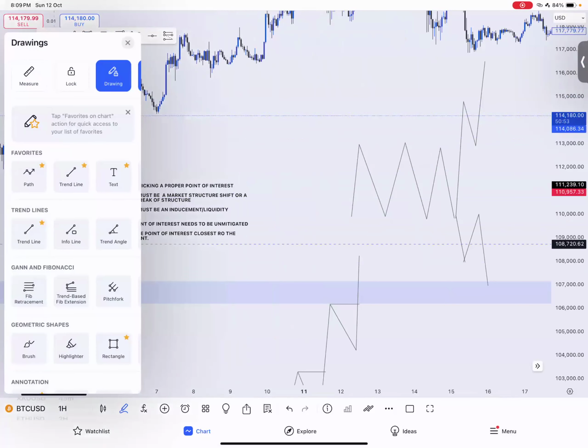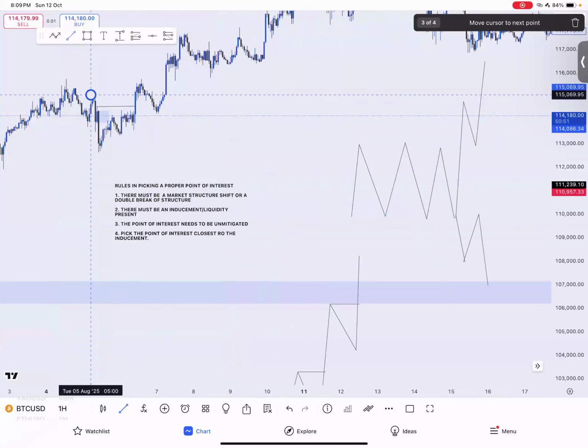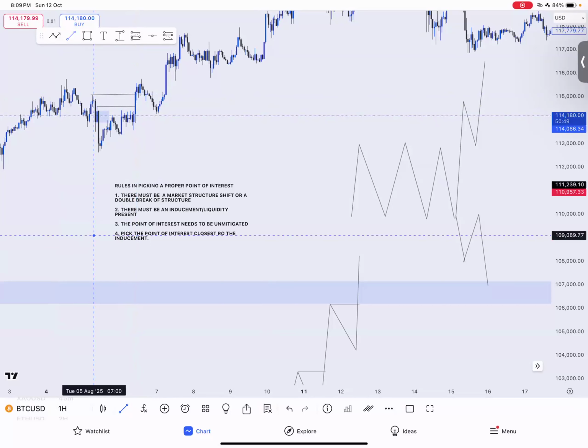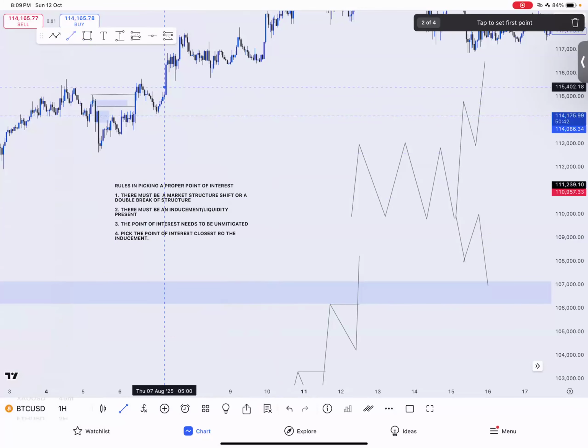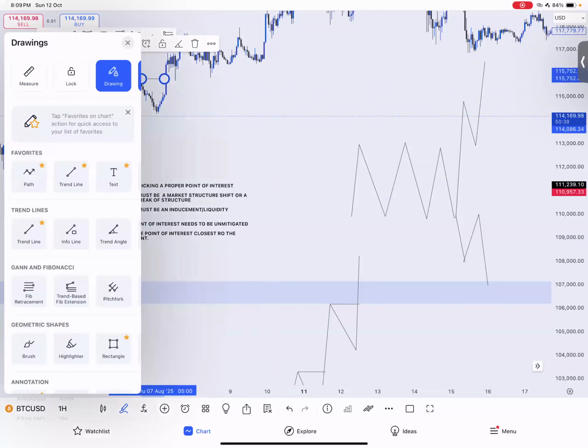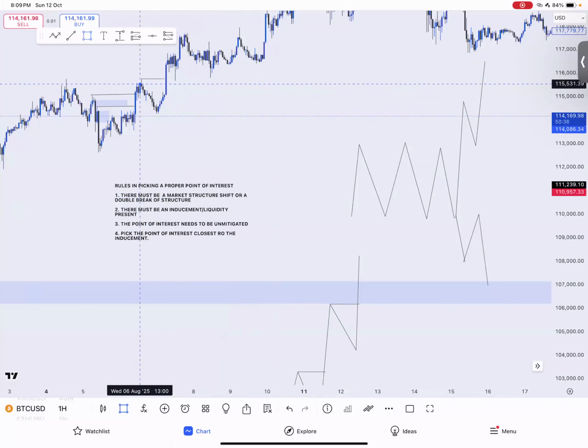The moment this high here was taken out, the body of this high becomes a breaker block. The moment this high was taken out, the body of this high becomes a breaker block.